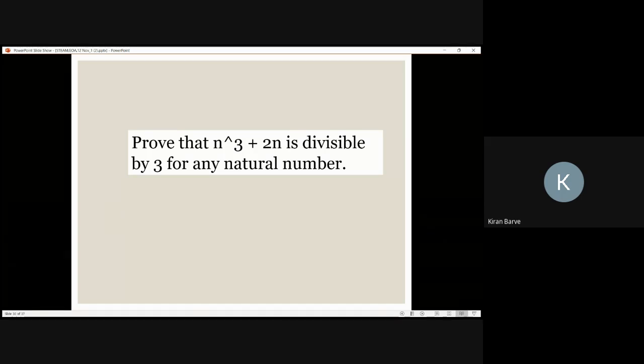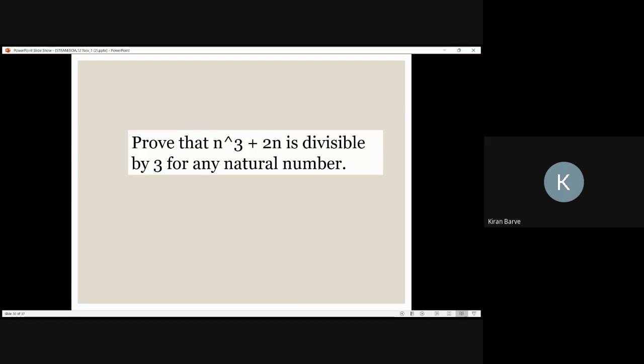It is a very generalized statement. It claims something beyond it. Take any natural number, take its cube and add double of the number. See, n cube plus 2 times n is always divisible by 3.